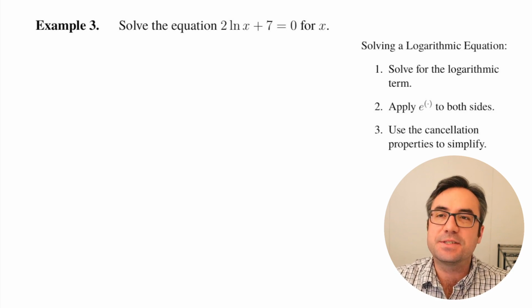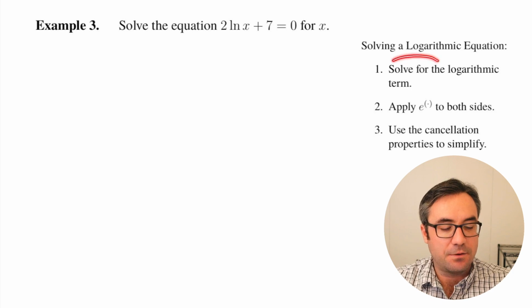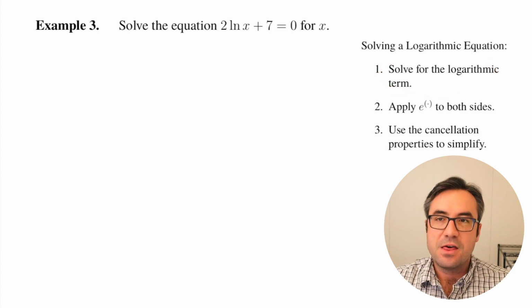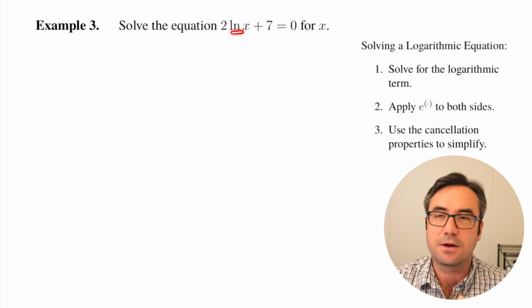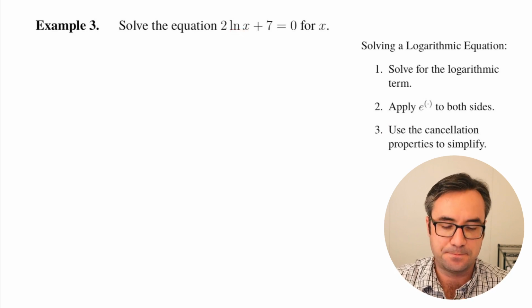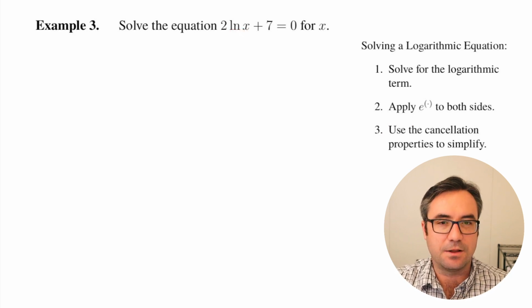And the idea is going to be the same. We want to solve for the logarithmic term. Then once we have that all by itself on one side of the equation, we're going to apply the exponential function to both sides. And then we'll use our cancellation. So it's just kind of the opposite because we're going to try to undo this natural log function to get the x out of it. All right, so let's see how this is going to look.